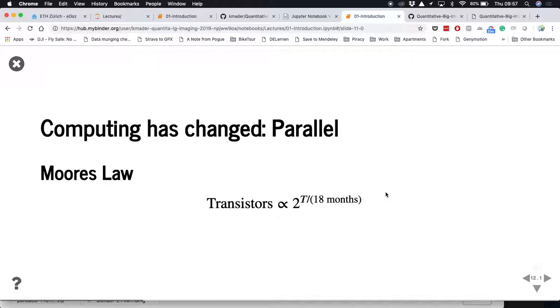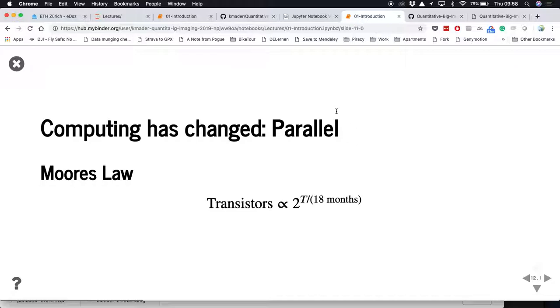The other thing that we will get into a little bit with this course, obviously not too deep, but just an awareness for these problems, is that computing has changed. I guess, has everyone heard of Moore's law before? Yeah. Hopefully the computer science student is comfortable with that.